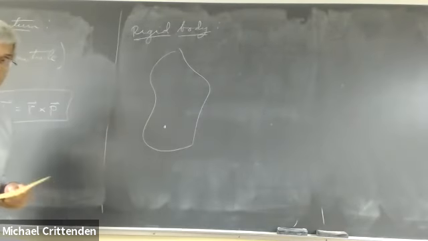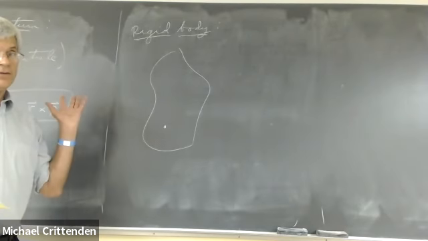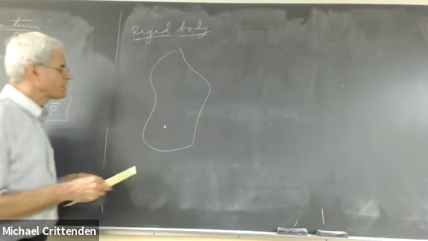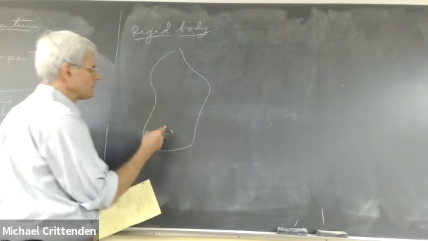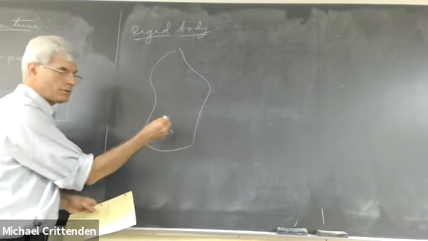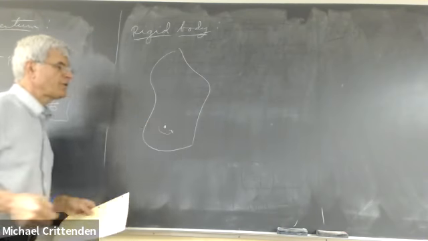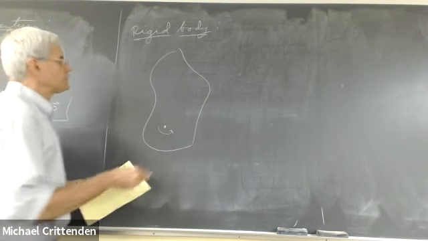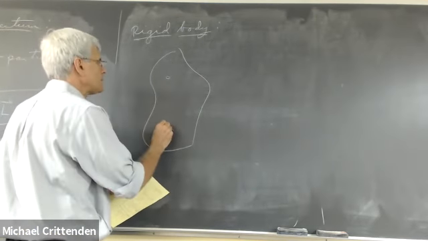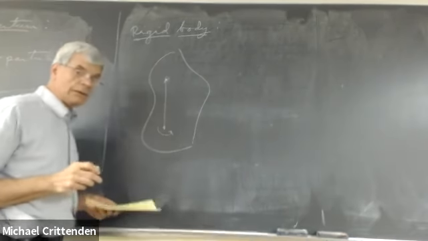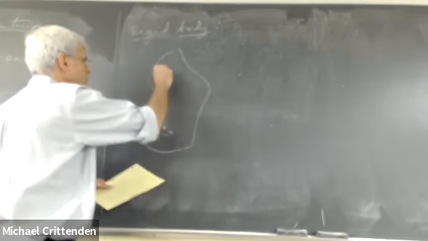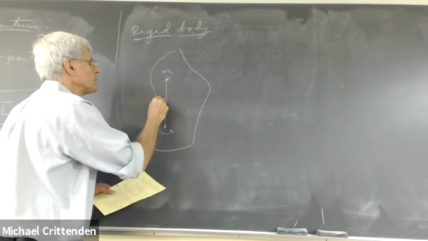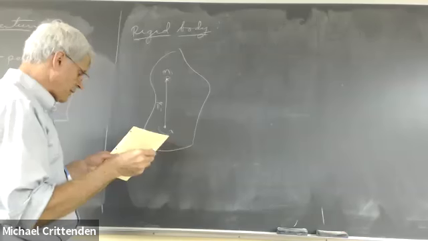And this is not the first time I've gone through this type of thinking with you either. Here we have some generic rotating object, and this is the axis of rotation right here. It passes through the page at that point. And think of it as a whole bunch of little pieces stuck together. This one has a mass M1 and it's going around in a circle of radius R1.